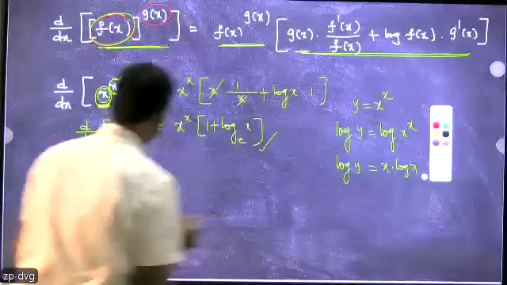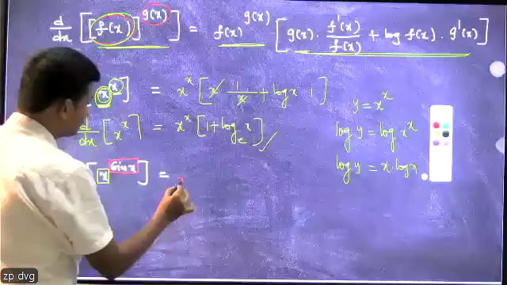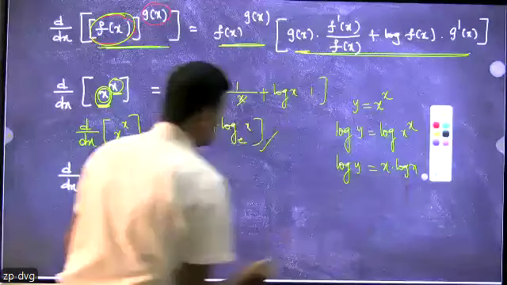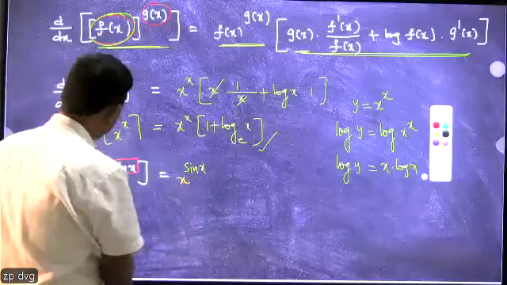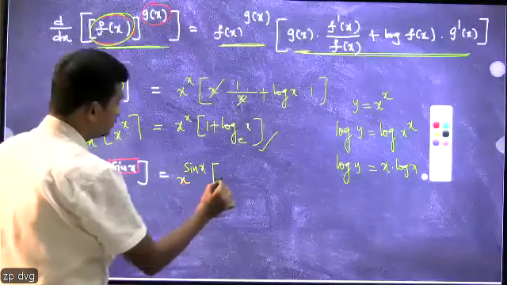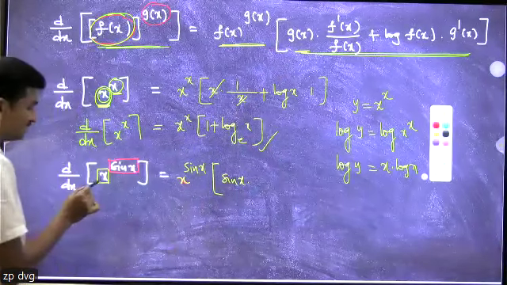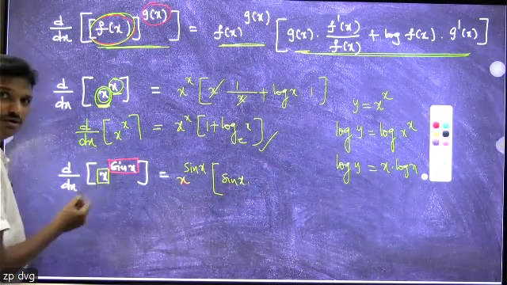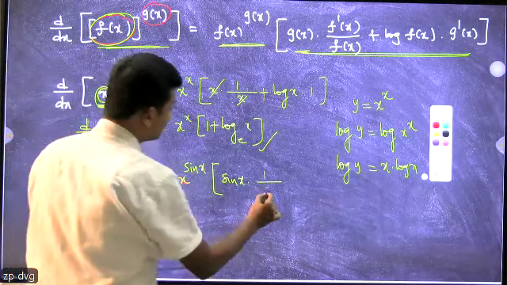This is g of x. f of x power g of x. What is the formula shortcut? x power sin x, f of x, the same function as it is, you write. It starts with g of x. g of x is sin x into f dash of x by f of x. This is f of x. f dash of x, derivative of x, is 1. 1 divided by f of x, which is x. Okay.